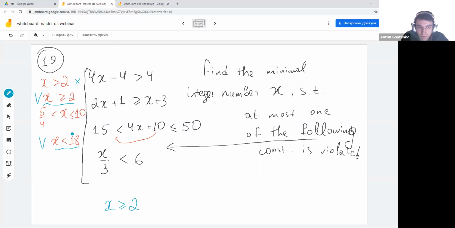But this is satisfied. This is satisfied for 2, okay? For x equals 2. And this is satisfied, which means that 2 is okay. And it also is a minimal possible, because anything that is less than 2 violates at least 2 constraints. So our answer is 2 here.